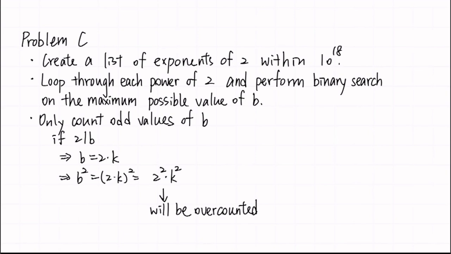This means that it will be overcounted when we loop through the power of 2, another power of 2, and then when b is a value of k. Since 2 to the power of 2 can be factored out, this will be overcounted. So we only need to count odd values of b instead of even values. Let's look at the code for more specifics.